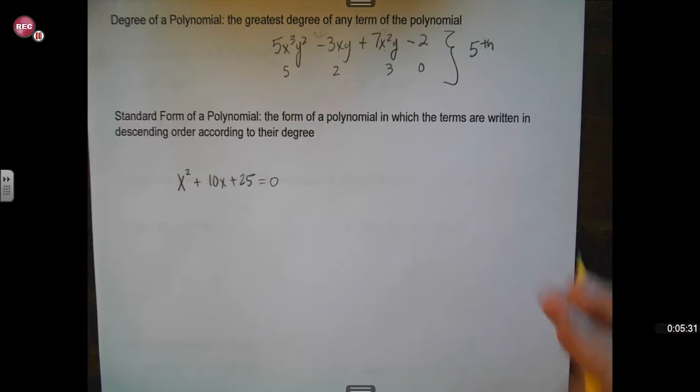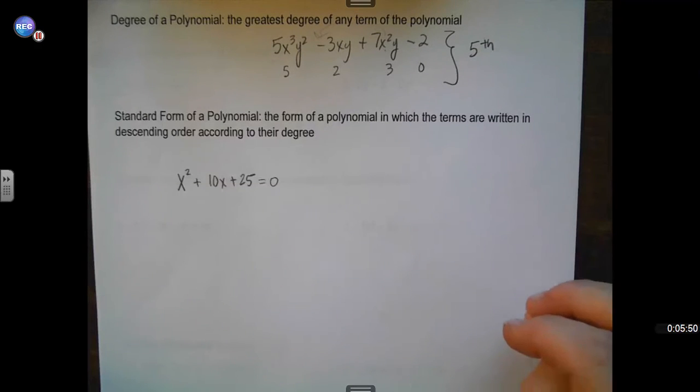So that's standard form. And the significance of being in standard form is that when we get to quadratic equations, that's the form we need them to be in to graph them, or to put that into the quadratic formula eventually to solve these things.